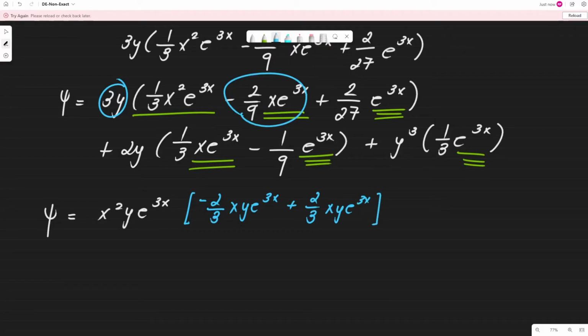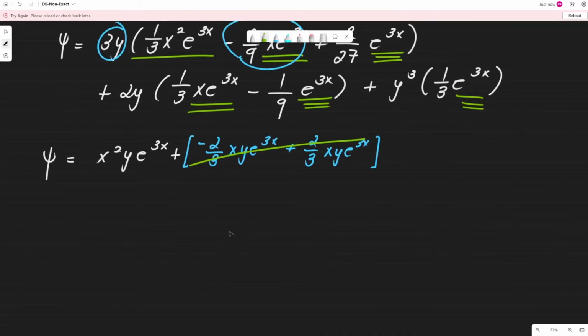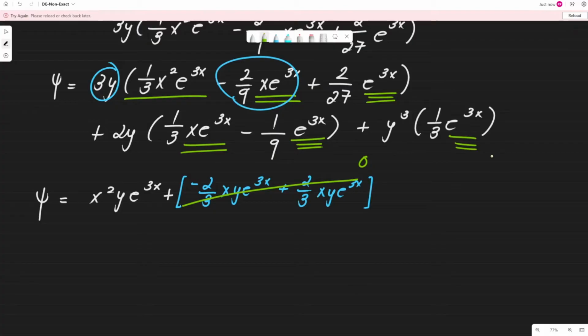What can you see? They have the same magnitude but opposite signs, meaning they will cancel. So this is equal to 0. That's all. Okay with our double underline, now we have our triple underlines.